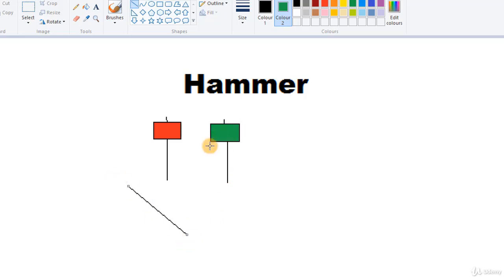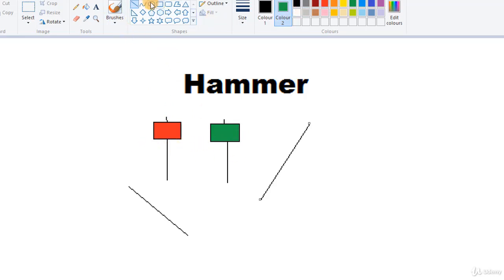So if it was a downtrend and we get a green hammer, which means it is already a green one, then it has a little more significance that the price will go up. And if we were in an uptrend and we get a red hanging man, then the significance is a little bit more as compared to a green one, but it's not a big change. Personally, I don't think there is a lot of importance to a hammer or hanging man if they are found alone.